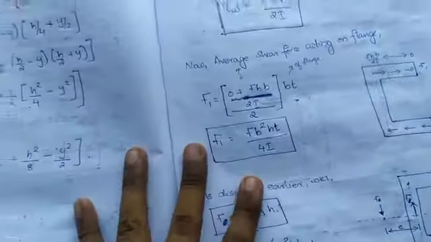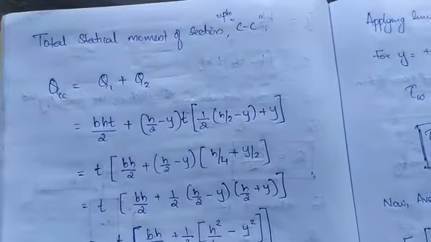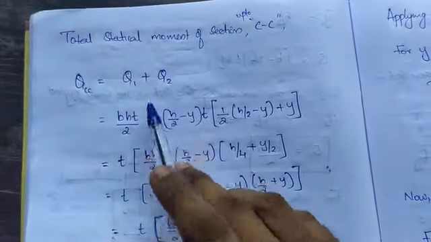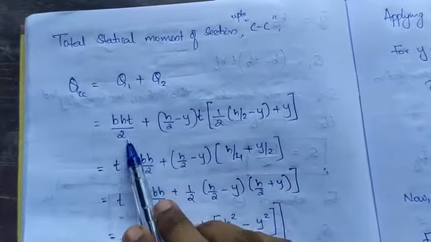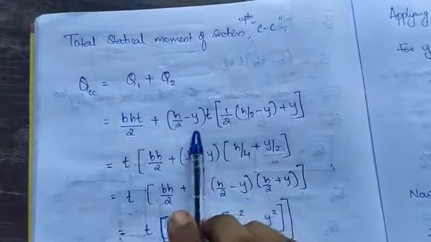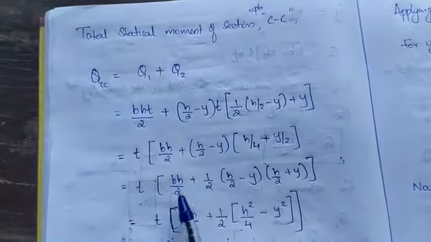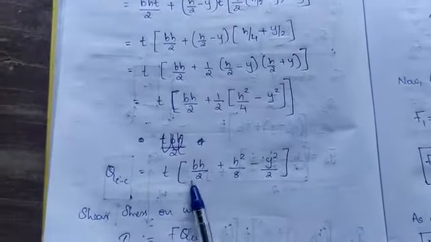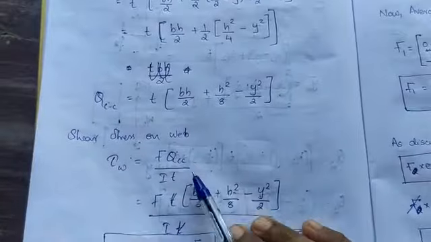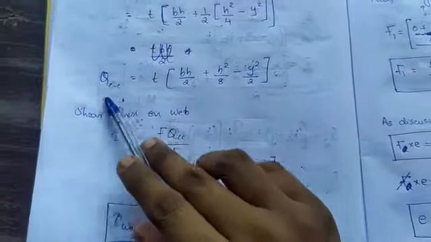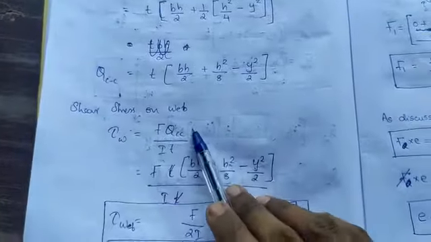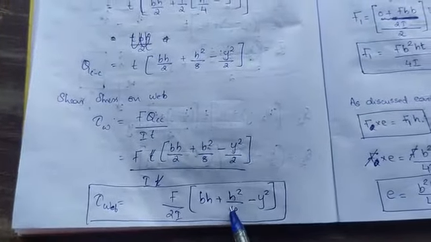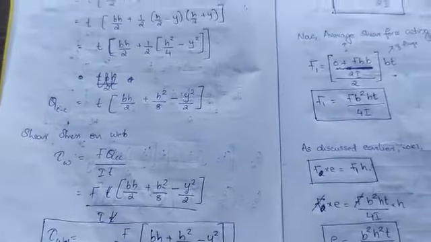Now the total statical moment up to the CC section is Q1 plus Q2. You will get bht by 2 as Q1, and this term you will expand. Just write this down and expand it. You get the shear stress on the web by applying this QCC in this equation: F by 2I into (BH plus H square by 4 minus Y square).